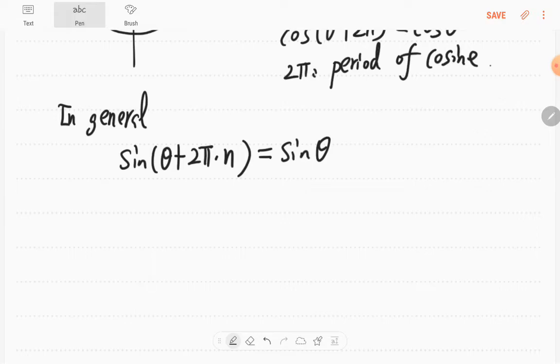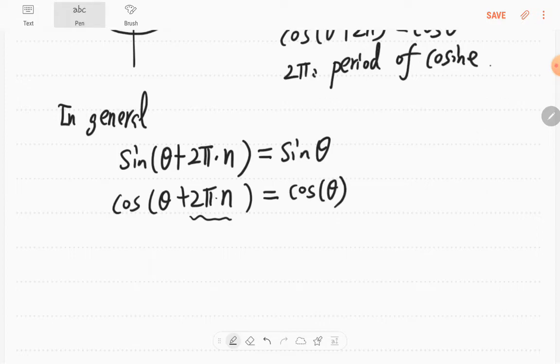But they share the same values for the sine function and cosine function. And cosine of theta plus 2 pi n, a multiple of revolutions, is a coterminal angle with theta, so it has the same cosine value because they share the same terminal side.